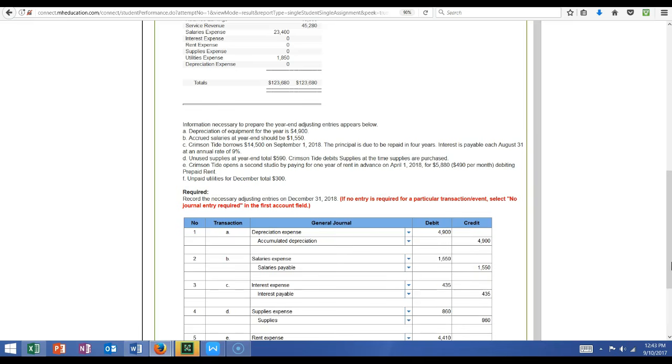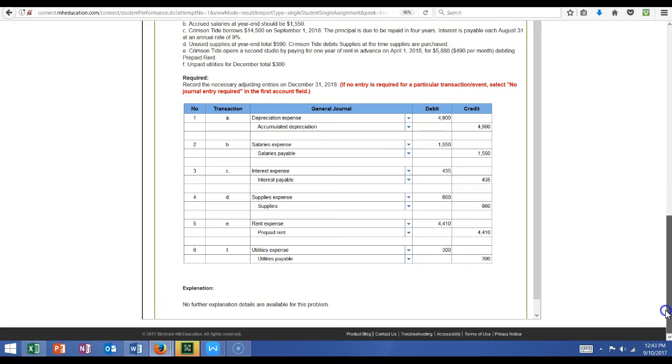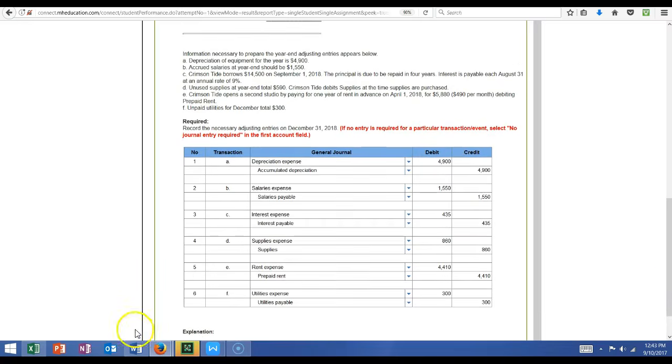Our $14,500 times 9% gives us our interest amount for the year. If we divide that by 12 months, we get the interest each month. We multiply that times 4, and we get our interest expense of $435.